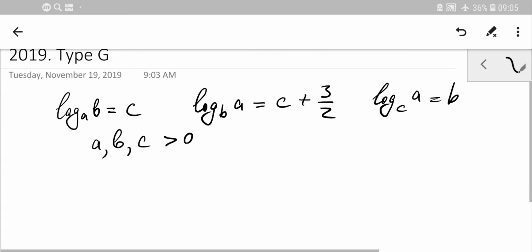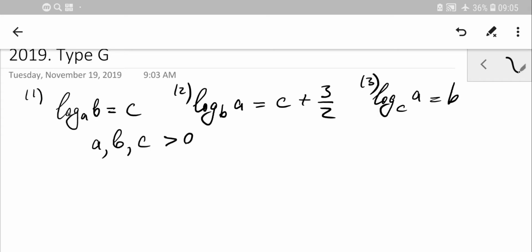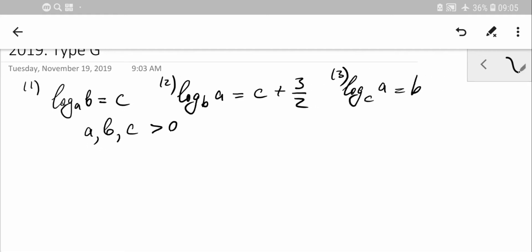Okay, so first of all, let's try to express some variables through another in order to substitute into another equation. So I set them up as the first one, the second one, and the third. Let's start with the first one.